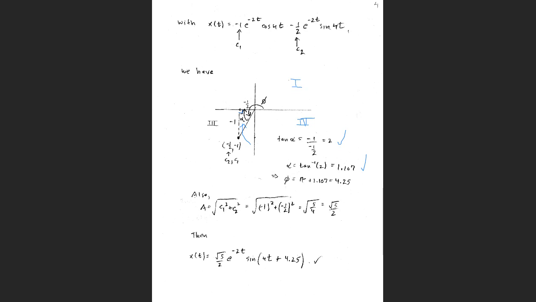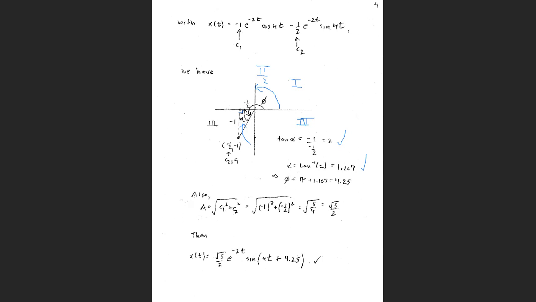Okay, so if you think about it, this 90-degree angle is pi over 2, right? Well, pi is 3.14, and 3.14 divided by 2 is 1.57.